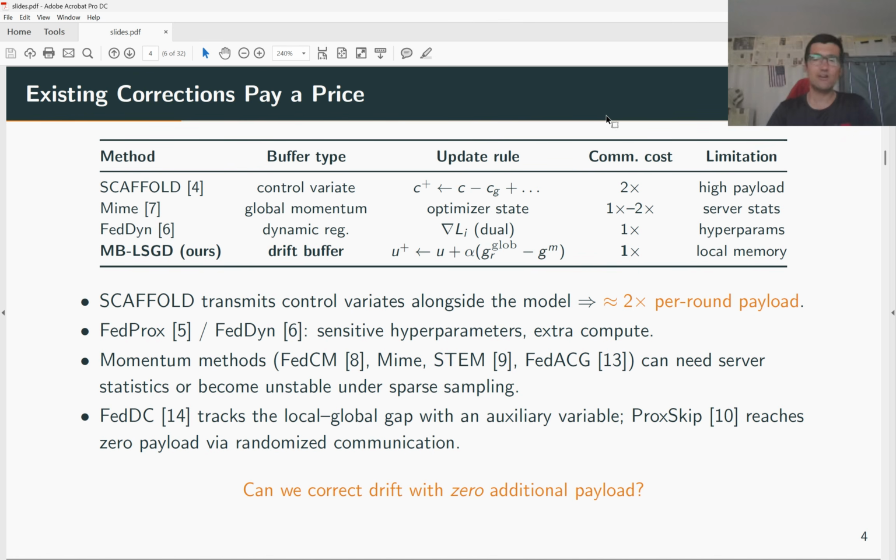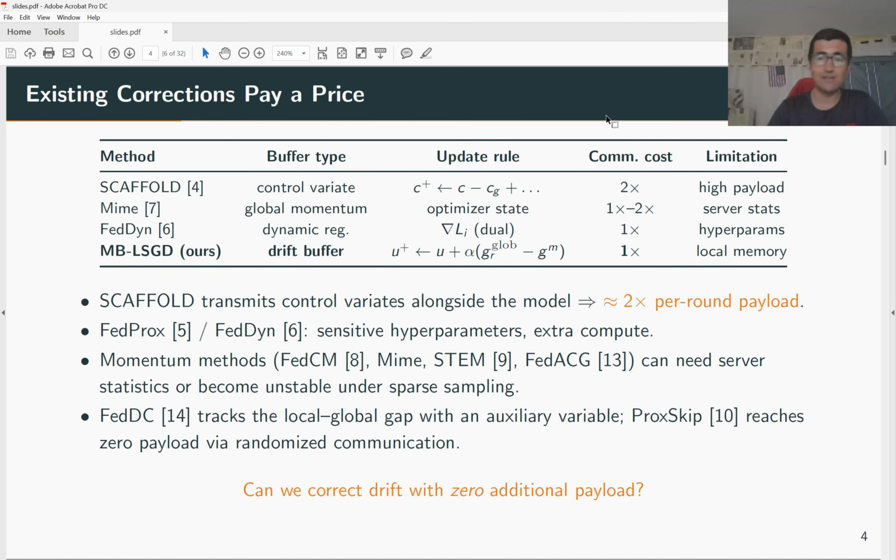Of course, we are not the first to attack client drift. The table gives you the landscape. The gold standard is SCAFFOLD, which corrects drift with control variates, and it works, but the client has to ship its control variate along with the model, which roughly doubles the per-round payload.